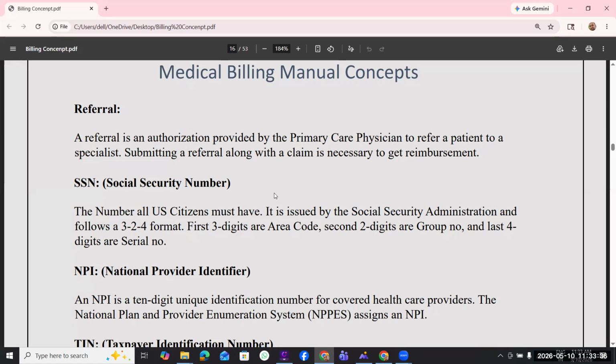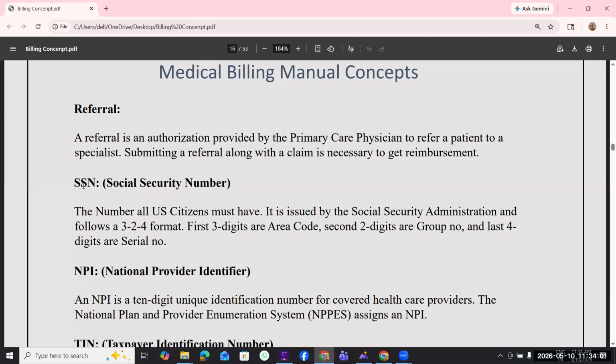That is called a referral. Example: a general physician is treating a patient, but recognizes the condition is related to GI, and sends the patient to a gastrointestinal tract doctor. The gastro doctor is a kind of referral physician. The primary physician refers to the secondary physician.